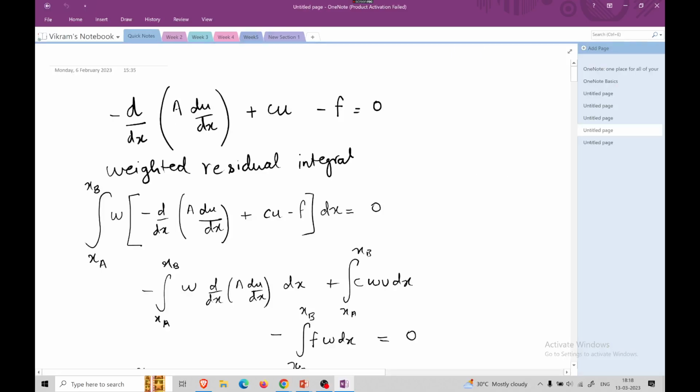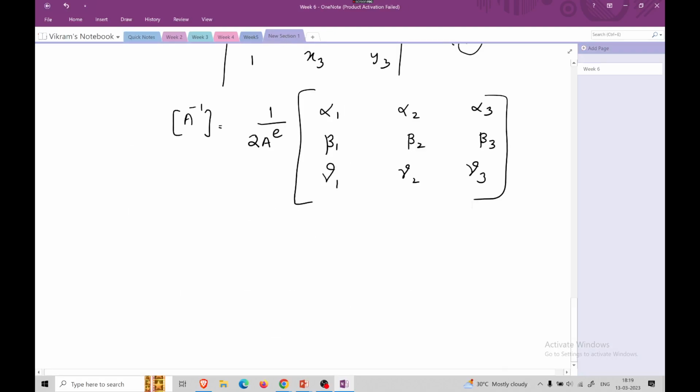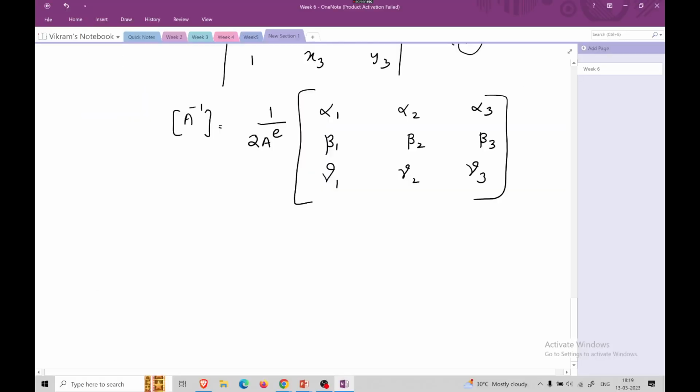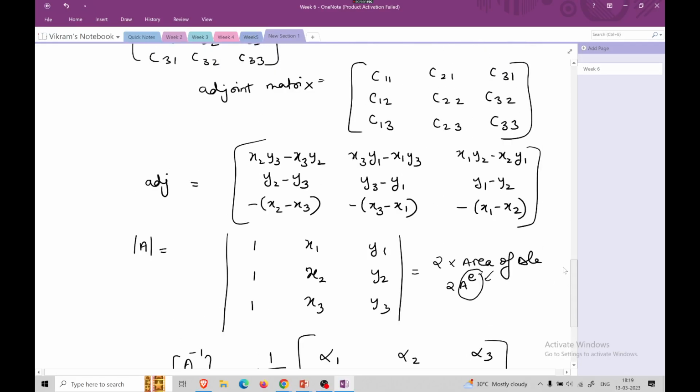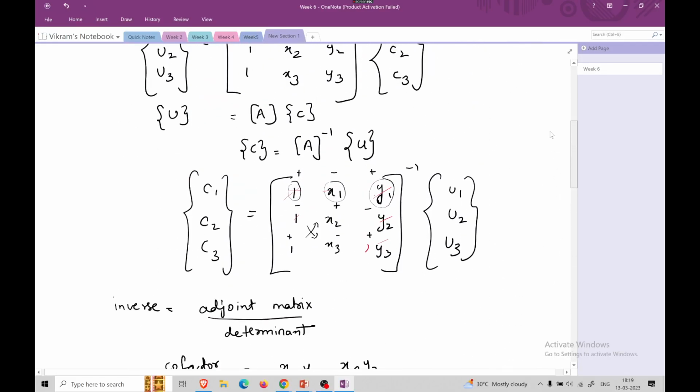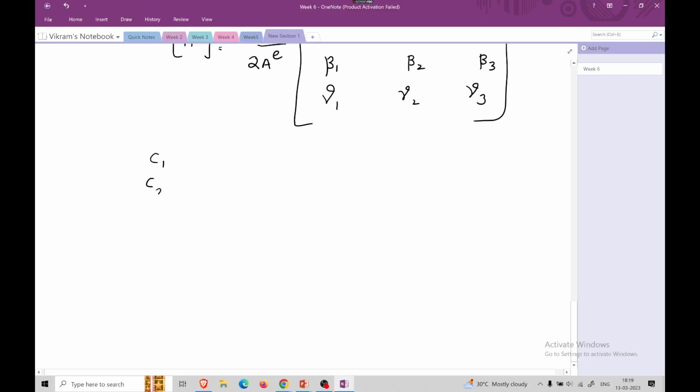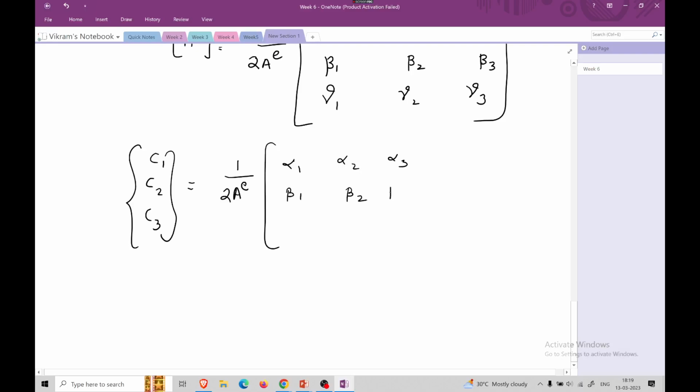Now we have to represent our psi. We got A inverse, so we have to multiply this A inverse with U. So my C1, C2, C3 is going to be 1 by 2 AE times alpha 1, alpha 2, alpha 3, beta 1, beta 2, beta 3, gamma 1, gamma 2, gamma 3 into U1, U2, U3.